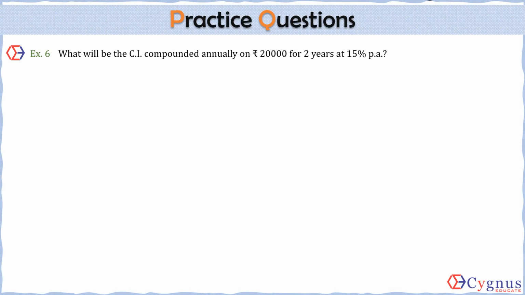Let's look at one more. What will be the CI, that is compound interest, compounded annually on 20,000 for 2 years at 15% per annum? Okay, let's try to calculate the amount first. Principal is 20,000 into 1 plus the rate of interest, which is 15. It was borrowed for 2 years. So the amount payable at the end of 2 years will become 20,000 into 1.15 squared.